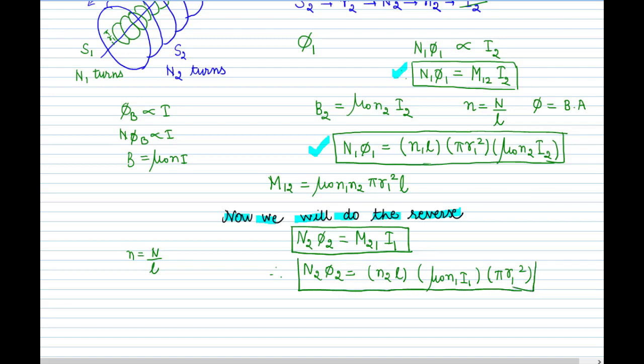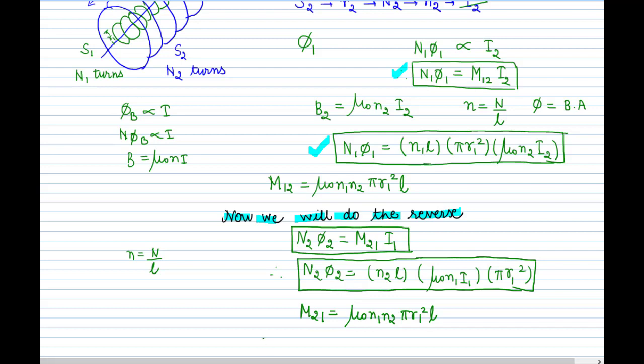If we compare these two equations, we get the mutual inductance M21 is equal to mu naught N1 N2 pi R1 squared upon L. If you compare these two inductances, they are the same. Whether there is a current in coil S2 and magnetic flux in coil S1, or an electric current in coil S1 and magnetic flux in coil S2, we get the same mutual inductance.